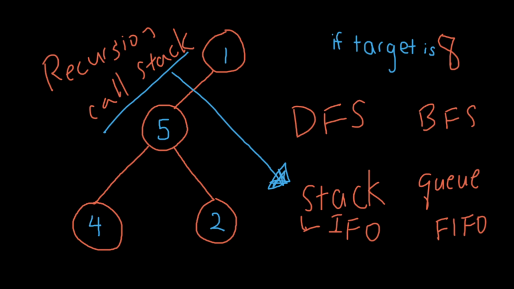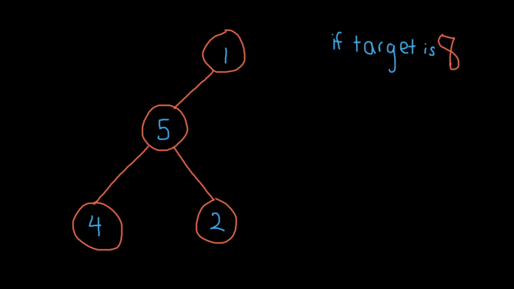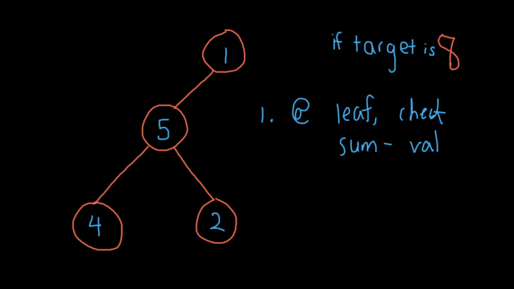And so what were the 3 rules that we had? Well, the first rule was at a leaf, check the sum minus the value of the node, right? And if you have it, you return true.